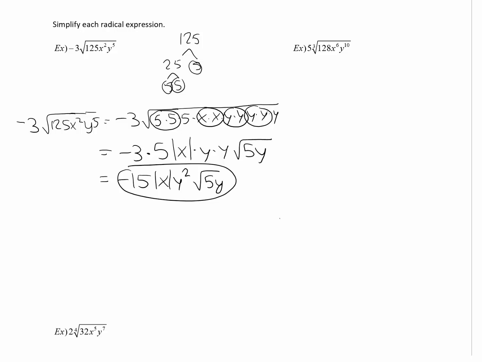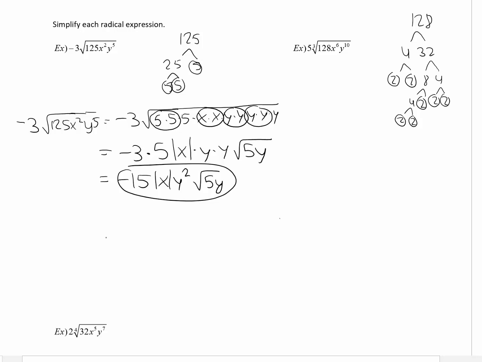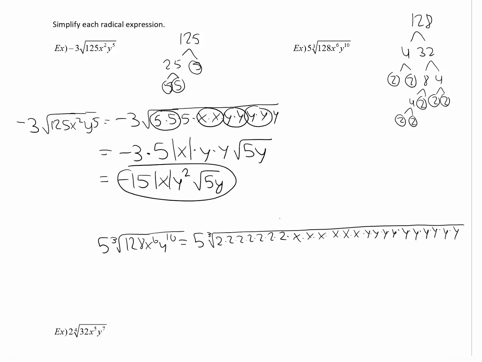So, the prime factorization of 128 is this. Okay, so now we can write 5 times a cube root of 128 x to the 6th y to the 10th as this. Now, because the index is 3, I need 3 of the same factors.